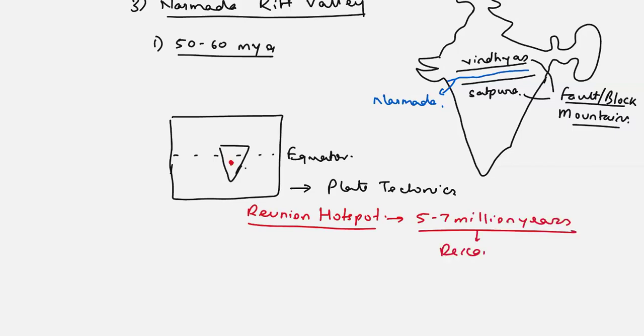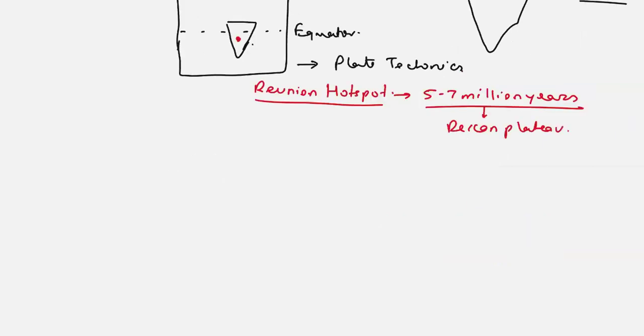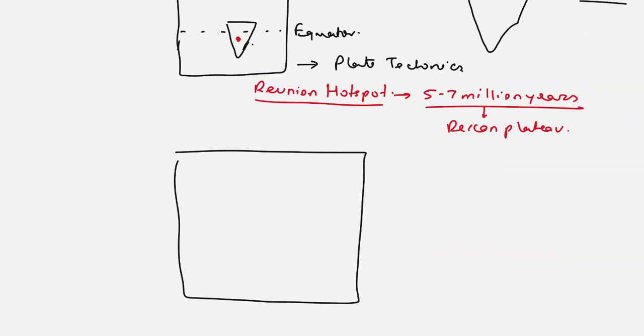At the same time, what happened here? Because there was a large scale eruption of magma in the region of India, this resulted in the rifting process also.